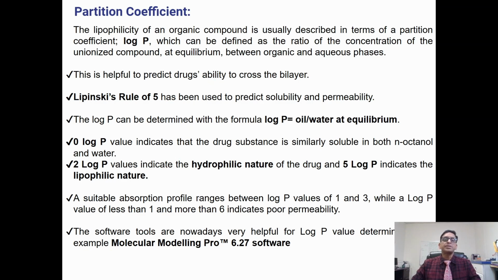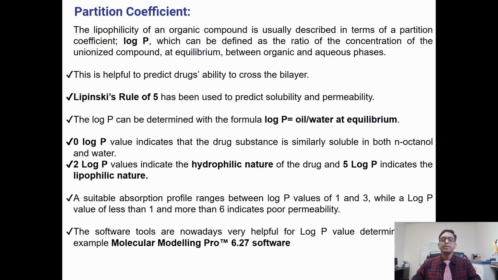This partition coefficient helps in predicting the drug's ability to cross the biological membrane or bilayer membrane. So Lipinski's rule of 5 can be used to predict the solubility and permeability of a newly developed chemical entity or drug molecule.